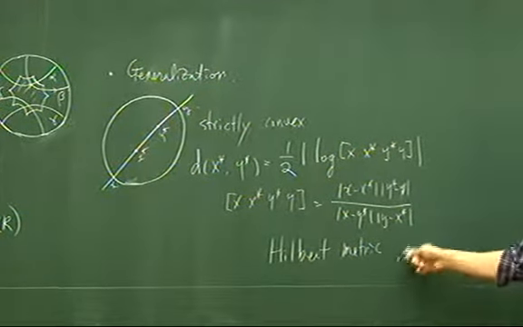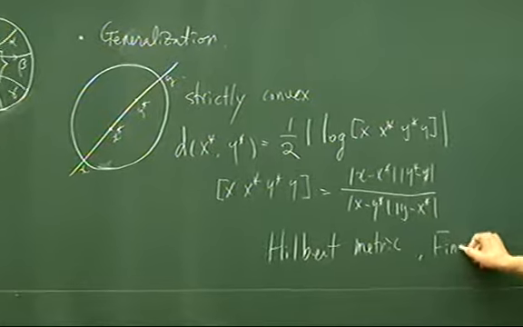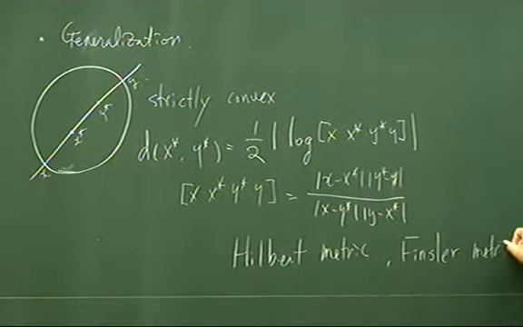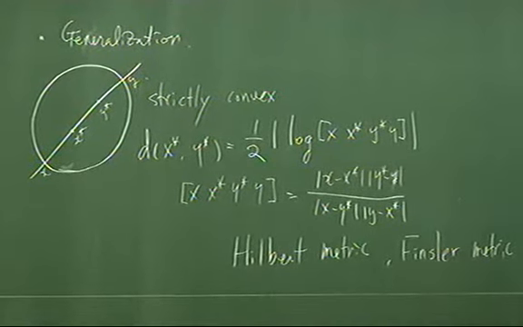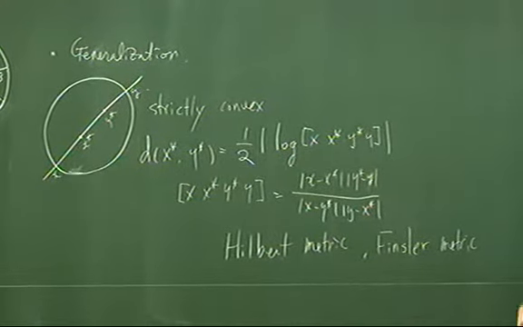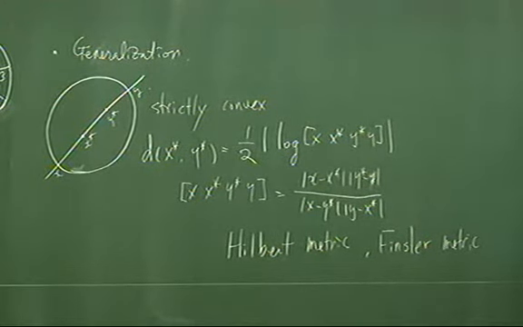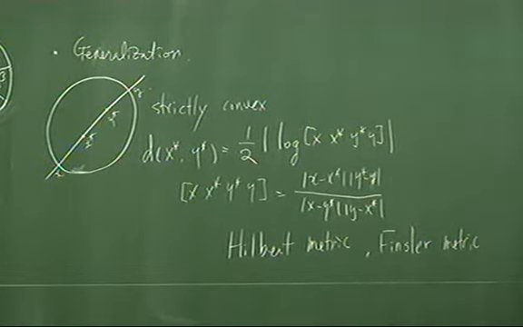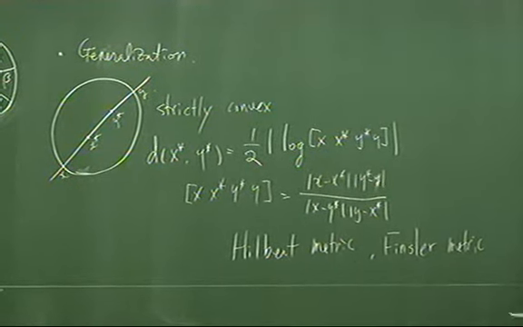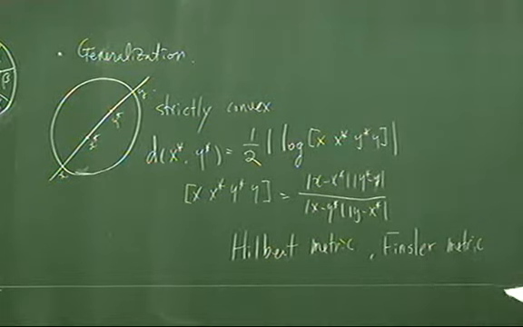Okay? So this is usually a Finsler metric. So what is a Finsler metric? You can only measure the length. You are not allowed to measure the angles. Okay? So in general, you cannot define the angles. So this is a Finsler metric.